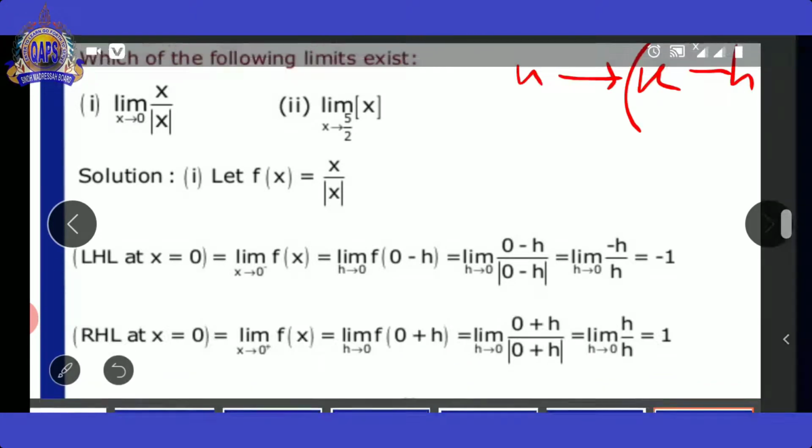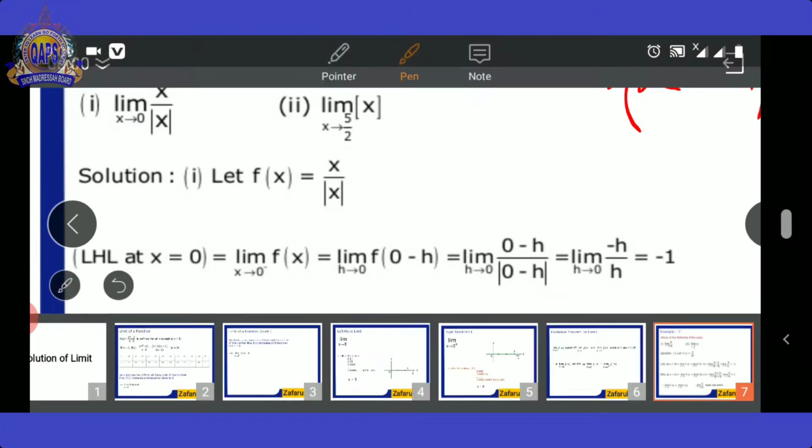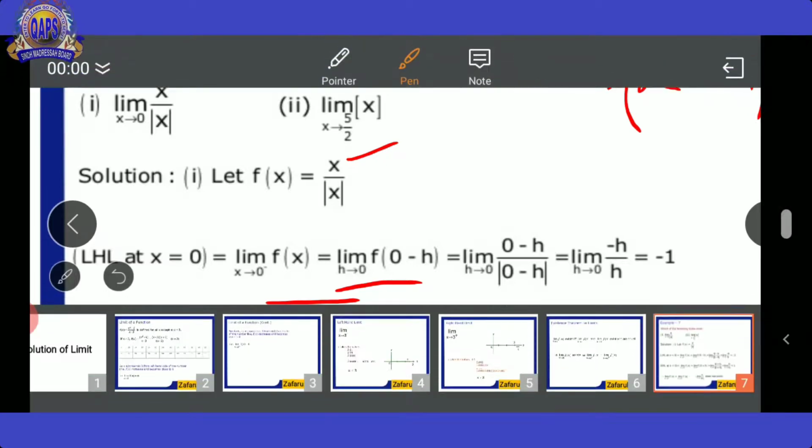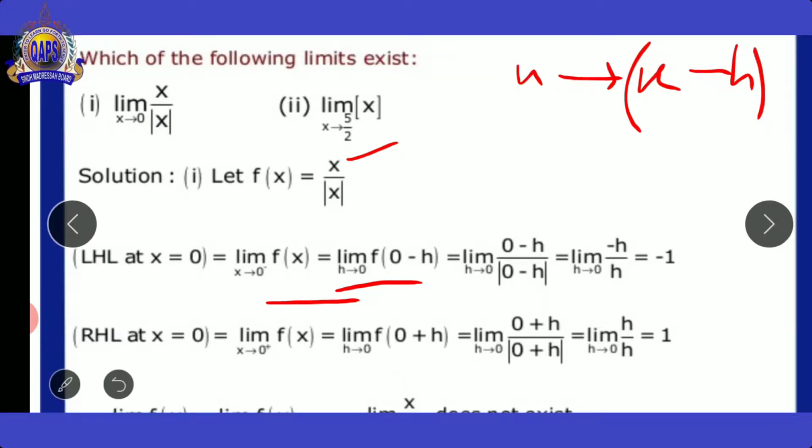When h approaches 0, in this function we put 0 minus h in the place of x, and in the modulus we put 0 minus h as well.